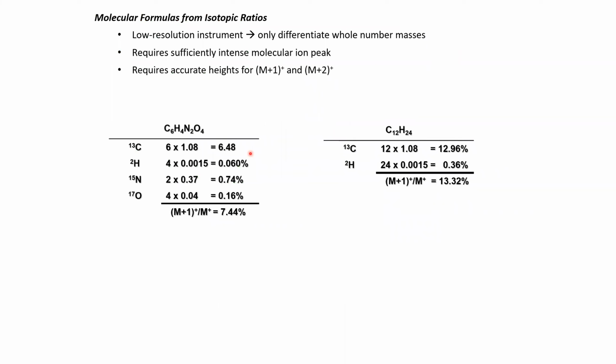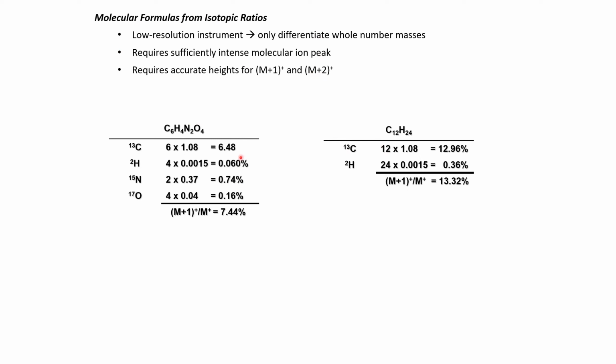Low resolution instruments are only able to differentiate whole number masses, and this requires sufficiently intense molecular ion peaks. It requires accurate heights for the M+1 and M+2 peaks, because those ultimately give us an indication of what kinds of isotopes might be present. Here's a calculation of some of the masses that might be present for the different M+1 and M+2 peaks.